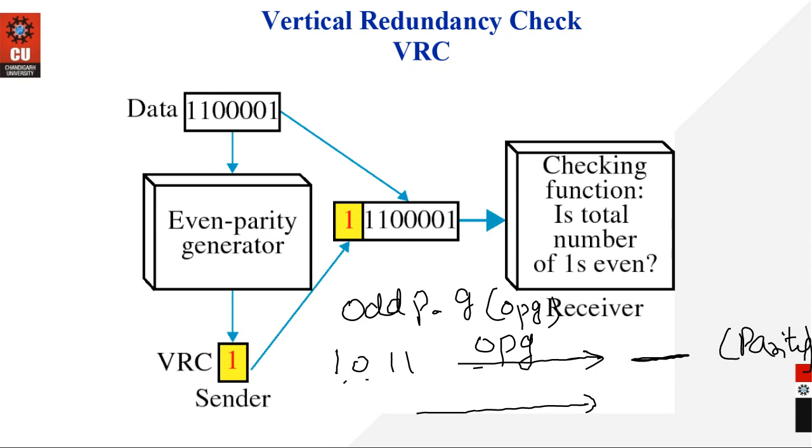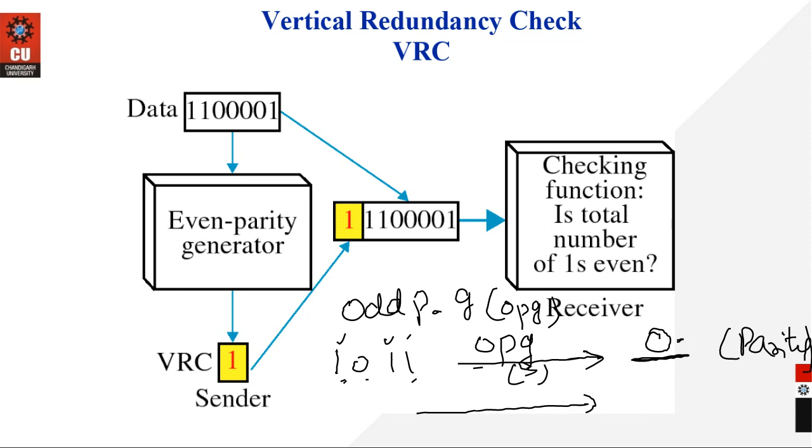It will again calculate the total number of ones. How many number of ones are there? Still there are 3. But because we are using odd parity generator, तो number of ones तो मेरे already odd है, तो वो उसको और odd करने की कोशिश नहीं करेगा. So it will try to make them same. So वो क्या करेगा, how will that goal be achieved?